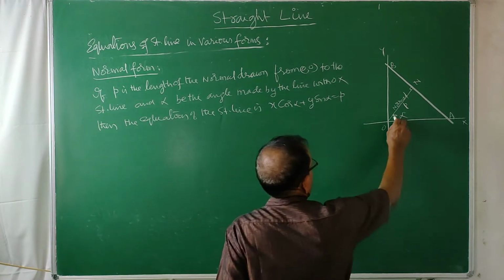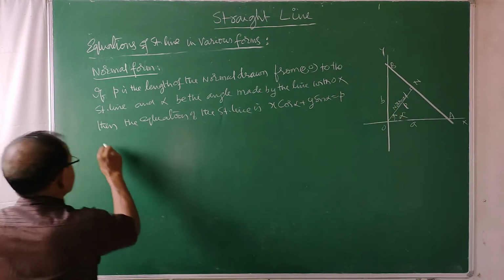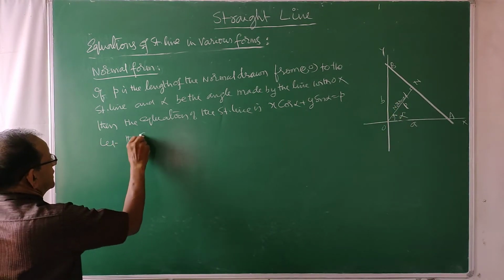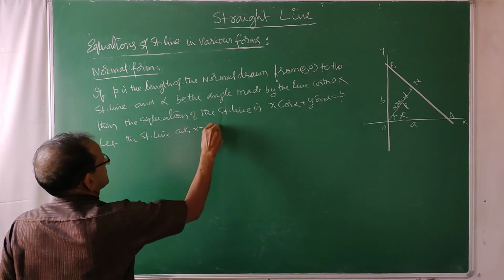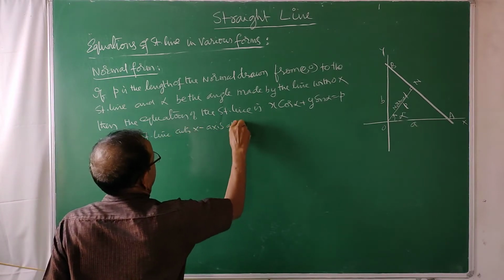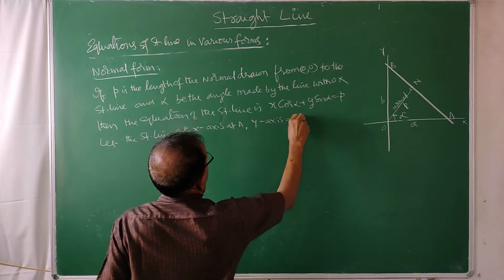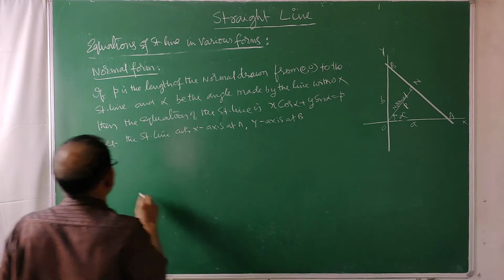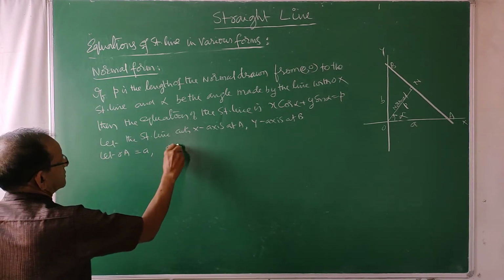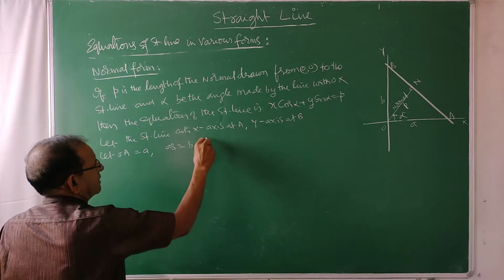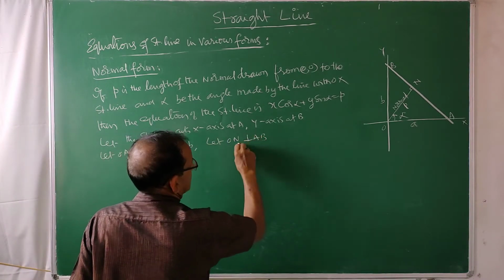What about this one? Let us take the intercepts as a and b. Let the straight line cut x axis at A, y axis at B, let OA is equal to small a and OB is equal to small b. Let ON be perpendicular to AB, that is normal.